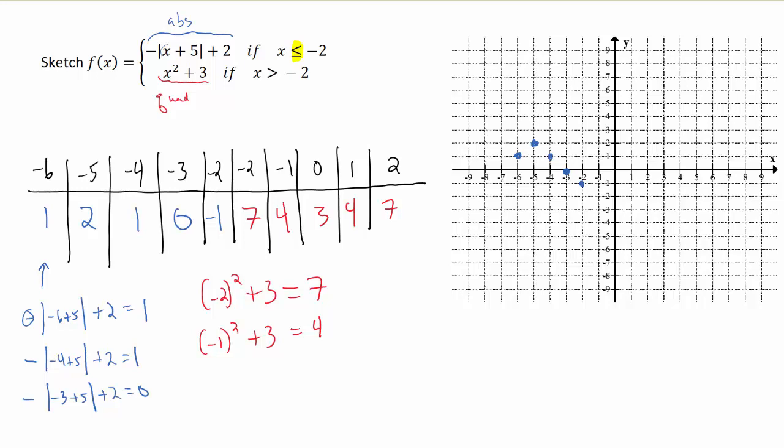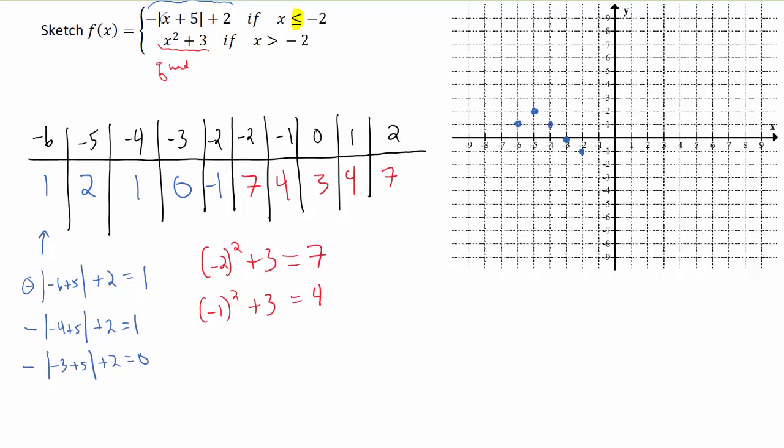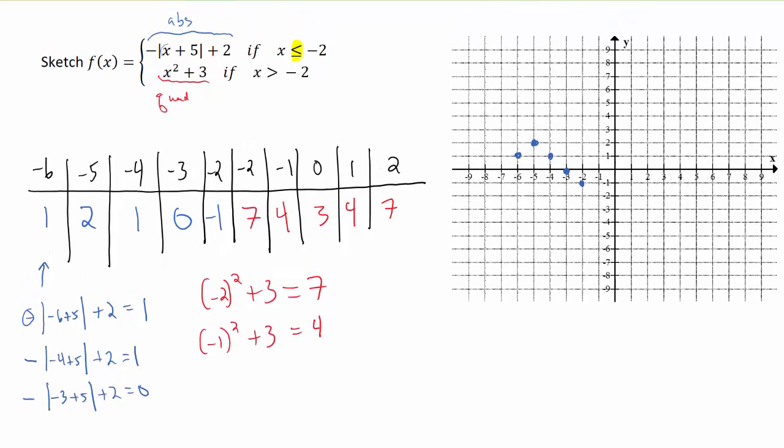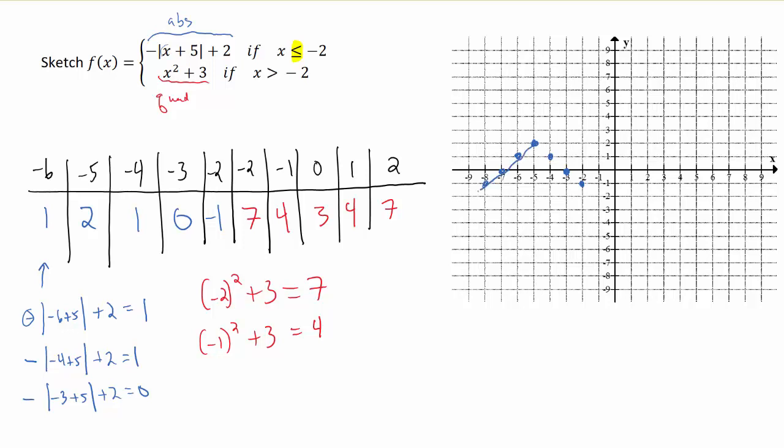I'm expecting that V shape. So if I extended this a little bit, plotting a few more points, I'd expect to see this V shape ending there.